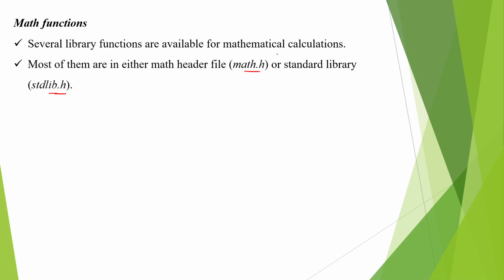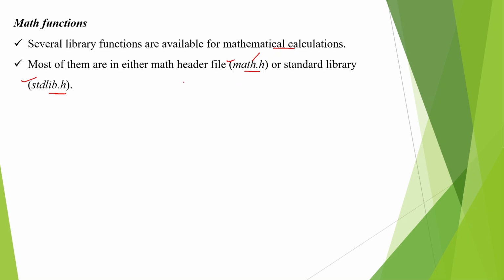Basically, we discuss the functions which are possible for mathematical calculations, and most of them are available in either math.h or stdlib.h. Even these two header files we are not going to discuss completely. Only very few functions from them we will discuss.